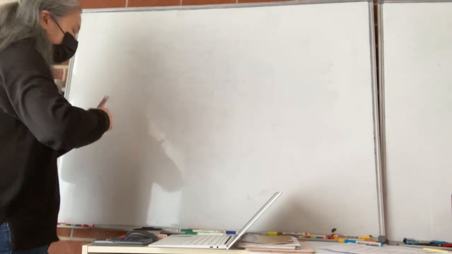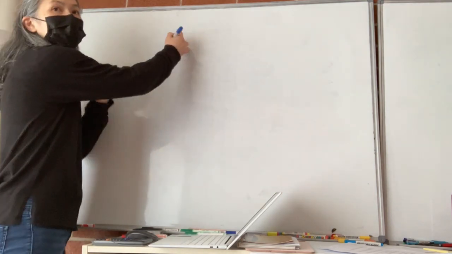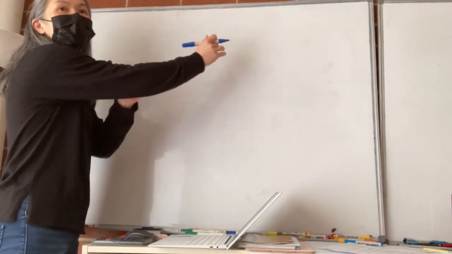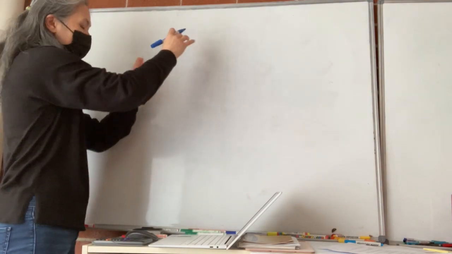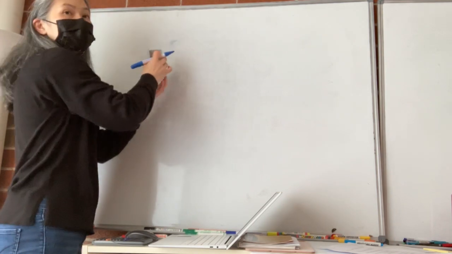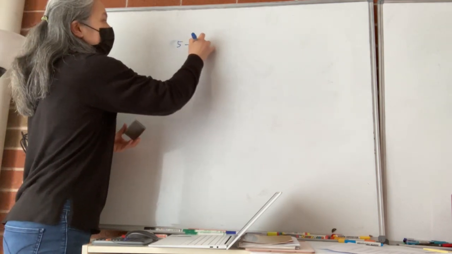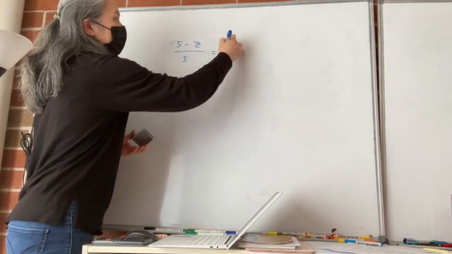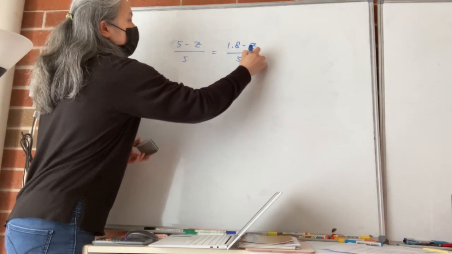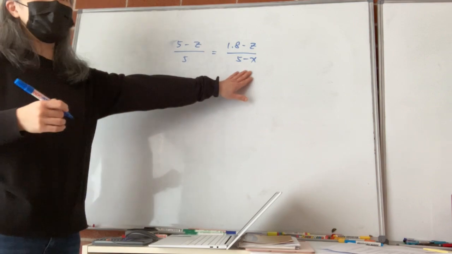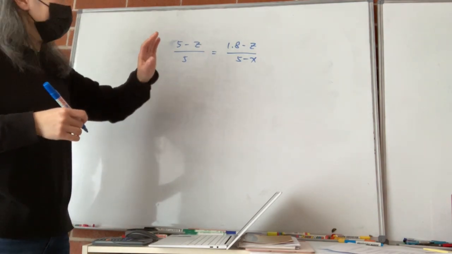Okay, can you give me the equation that you have, Gabby, for the Z thing, for the similar triangle? The one before, on the very first step: 5 minus Z over 5 equals 1.8 minus Z over 5 minus x. Okay, you're making X the subject, right? I think you don't have to.